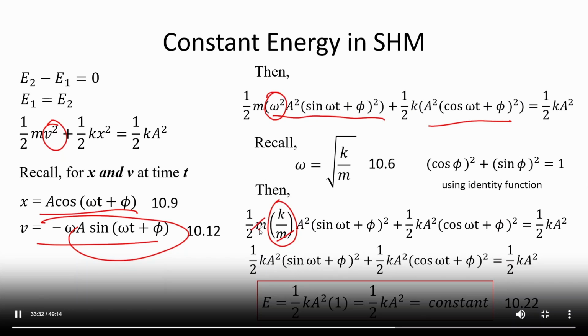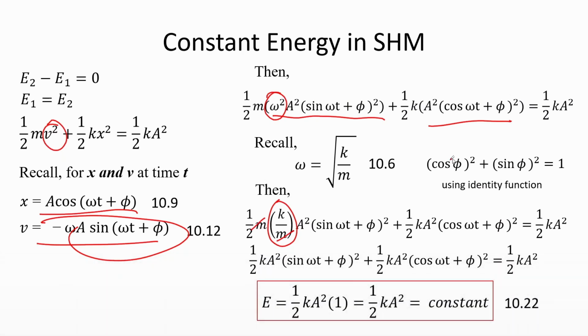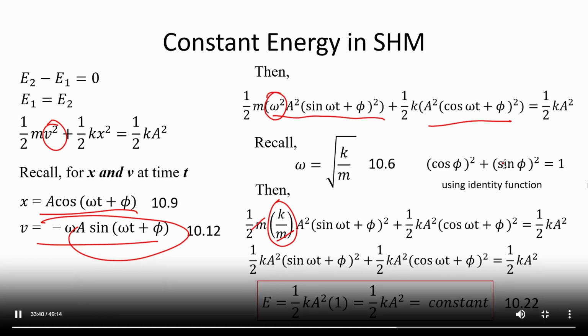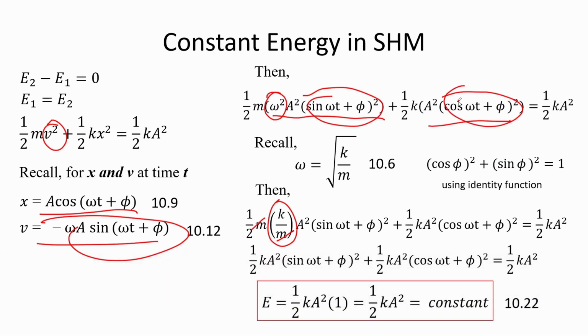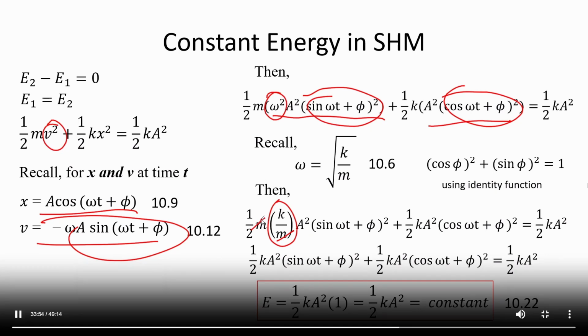The second one is the identity that cosine squared phi plus sine squared phi gives you a value of 1. So if this is sine squared, this is cosine squared. So the sum, if we're able to reach the same terms, is simply equal to 1. Let's see if we can do that. So here we already cancel out, so this becomes k a squared. This one is already k a squared.